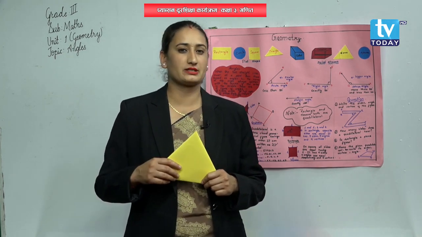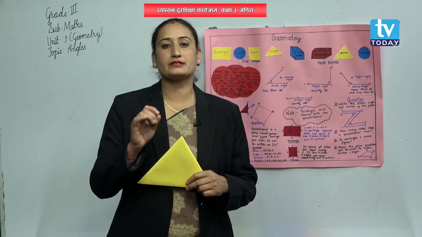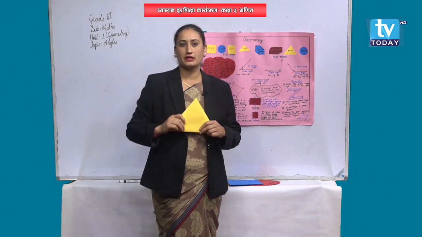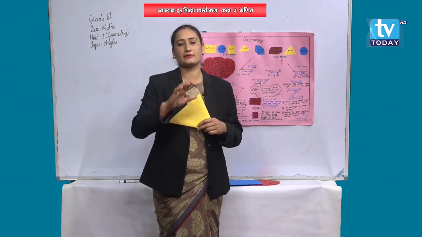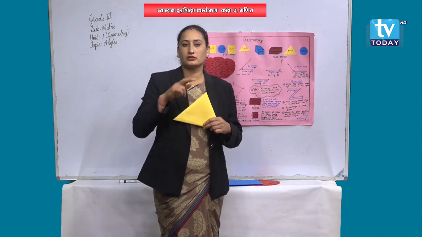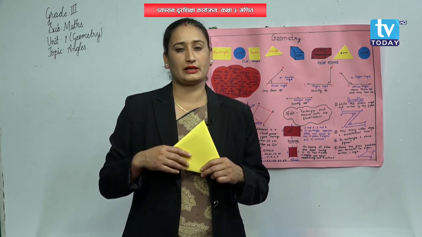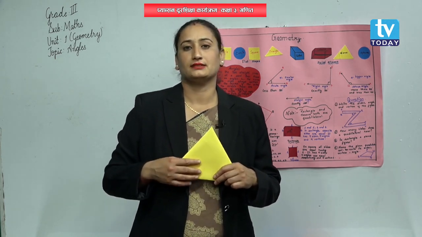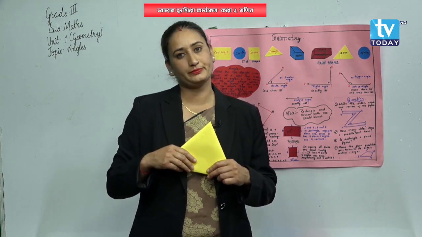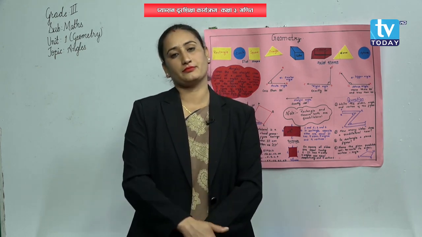What do you mean by isosceles? In a triangle, if two sides are equal, having lengths 4 cm and 4 cm, and one of the sides is 5 cm, that means two sides are equal and one side is unequal. That means we call it an isosceles triangle. Done?